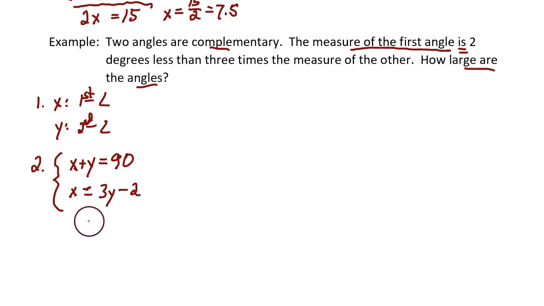Now let's solve it. I'm going to choose substitution method because the second equation already has the letter x alone in terms of y. Substitute 3y minus 2 in place of the x in the first equation.